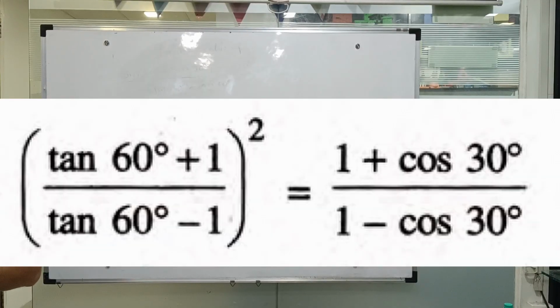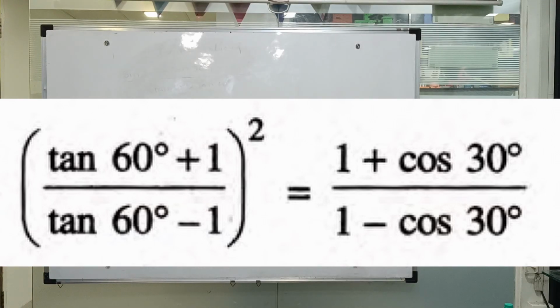Now, the next question that we are going to talk about is exercise 23A from Selina Concise book for mathematics for 9th standard ICSE. This is sub question 5 of question 3.